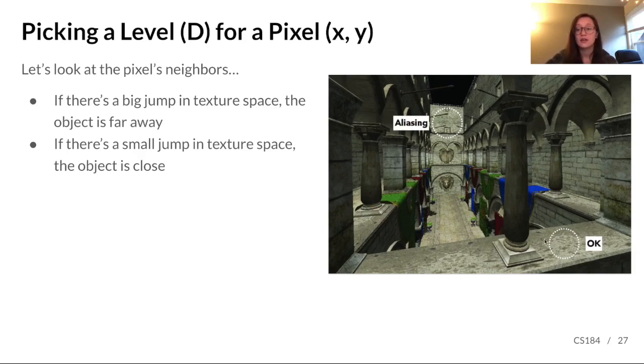On the other hand, if we are sampling in this very far away part of our scene and we take two neighboring XY pixels and translate them into texture space, there will be a big jump between these two UV coordinates. That's when we need to use much lower resolution textures. So if there's a big jump in texture space, then we want to use a higher level of the mipmap, a lower resolution texture.